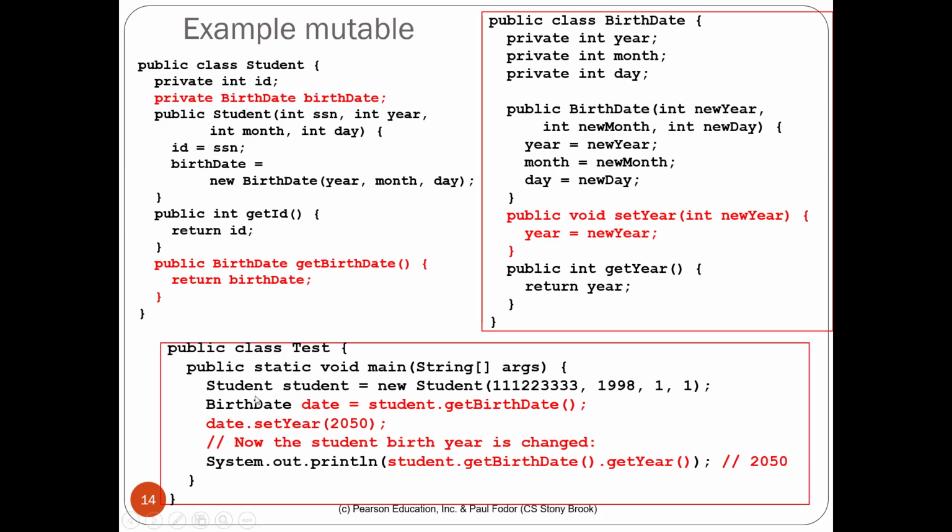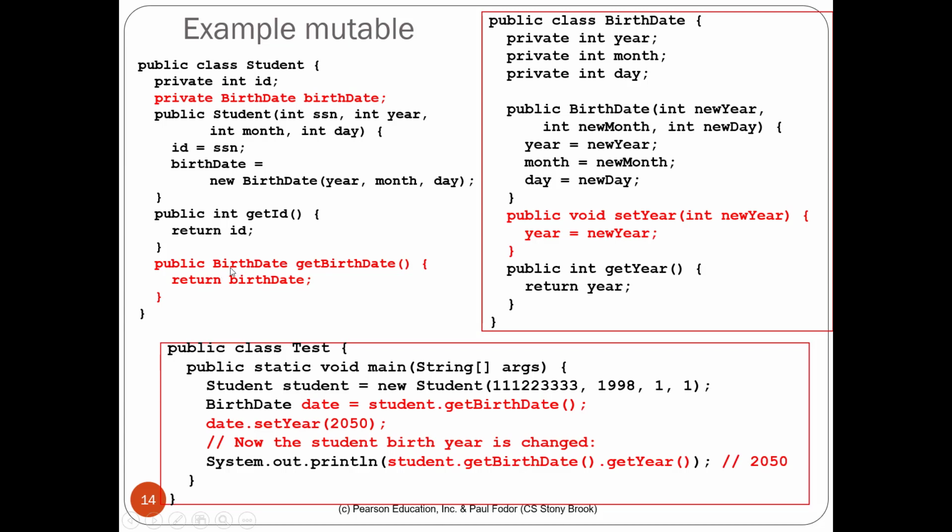Good. Now the interesting part is that when you create this student object, which we did right here, we have a method in the student class which is marked here in red. What is this method doing? This method is returning a reference.